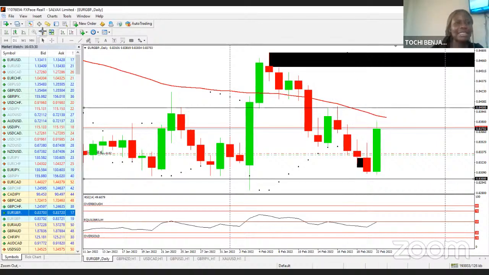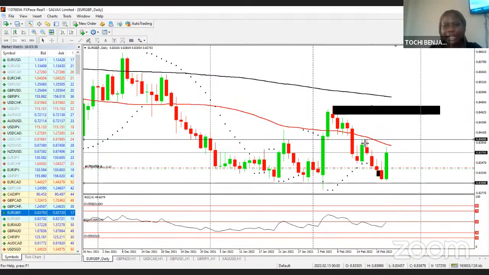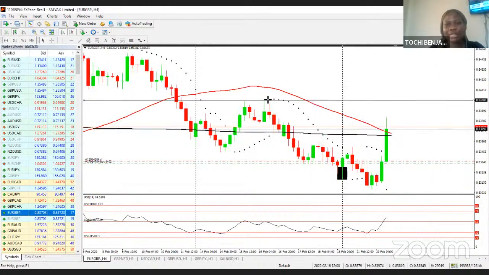Now we can see that initially, price reacted on that 84,000. On the daily time frame it's not very significant, but there was a reaction of price around this level. You will see it better on the lower time frame.